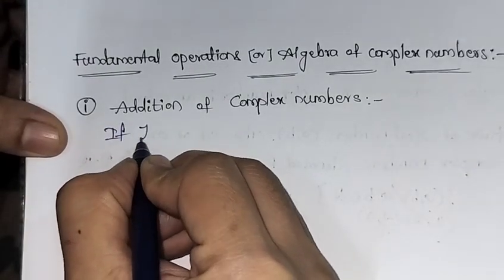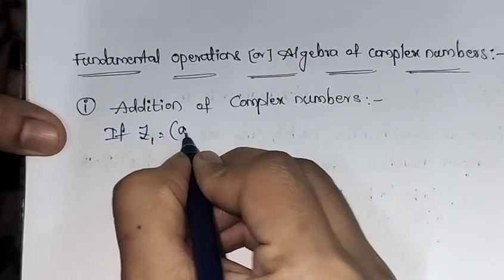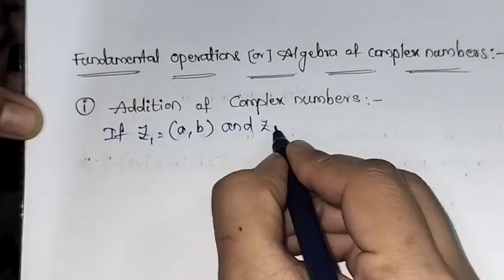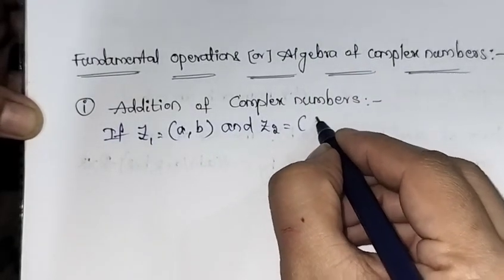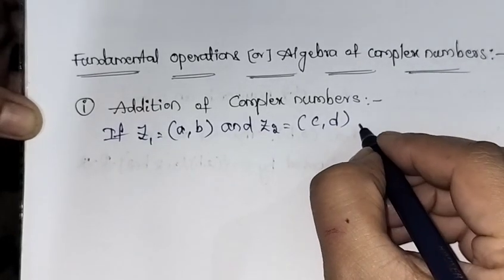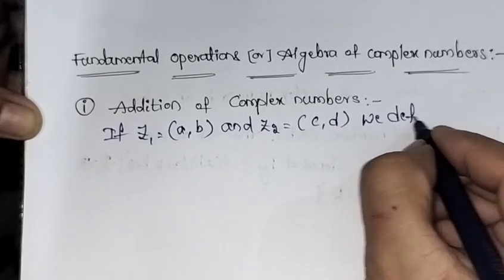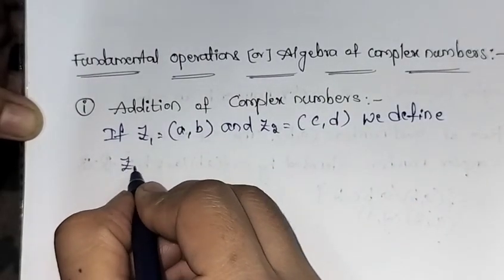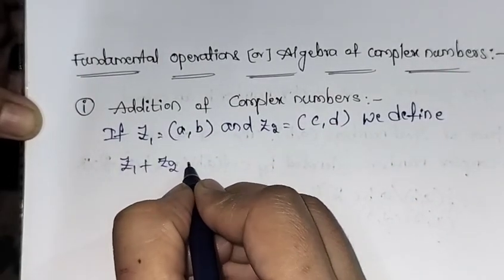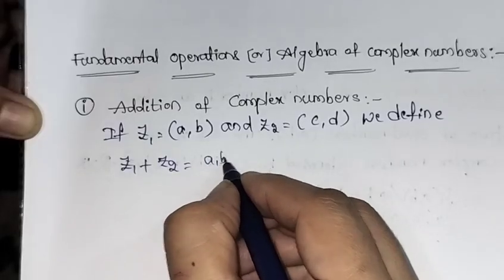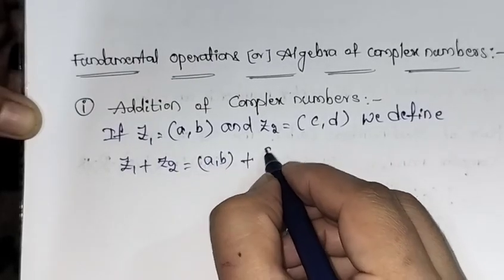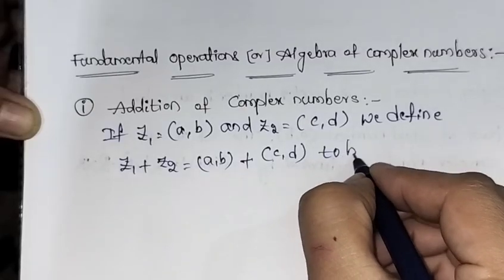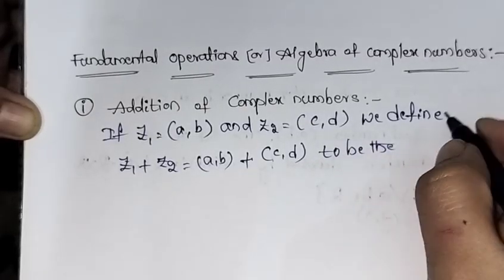If z1 is equal to the ordered pair (a, b) and z2 is equal to the ordered pair (c, d), we define addition of complex numbers z1 plus z2 is equal to the ordered pair (a plus c, b plus d), to be a complex number.